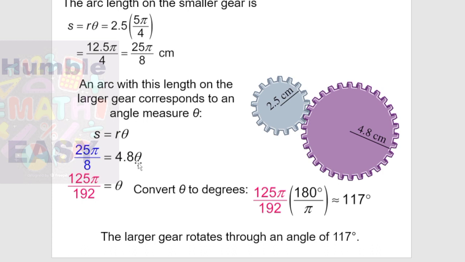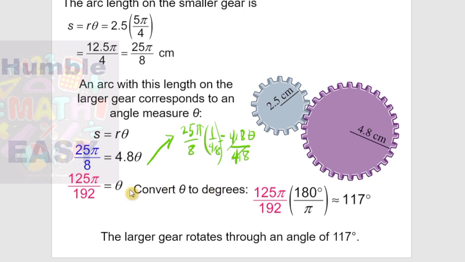So for us to be able to get the theta, 25 pi over 8 is equal to 4.8 theta. From this we are going to divide both sides by 4.8.